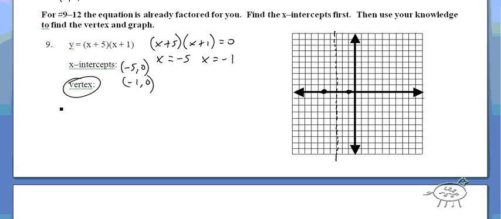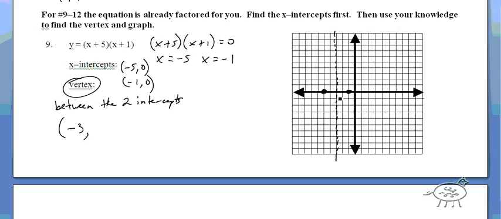The vertex is between the two intercepts. And if it's right in between, I know the x value is going to be negative 3. Because I can just look at it. Here's negative 1. Right in between is move over 2, it's negative 3. That's really all you need here, guys.